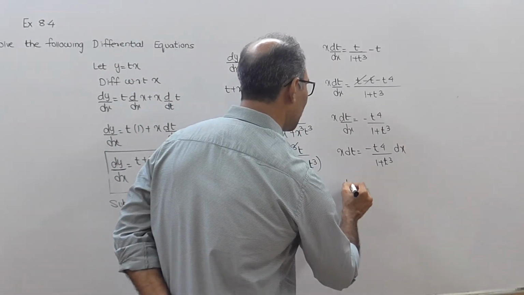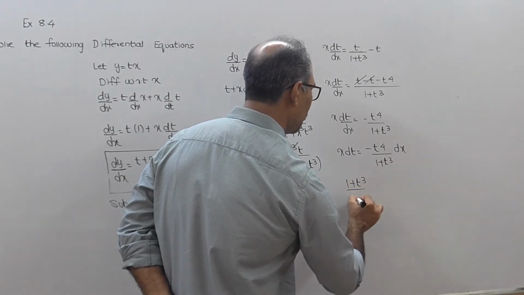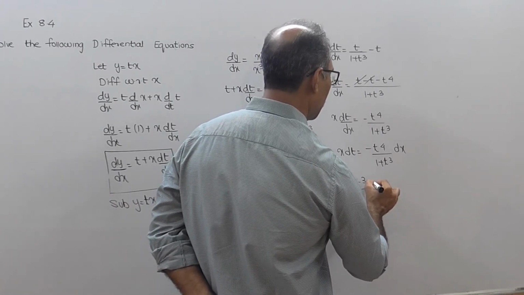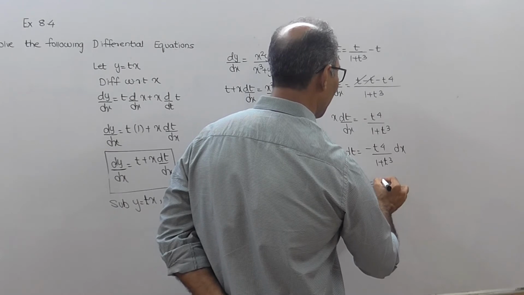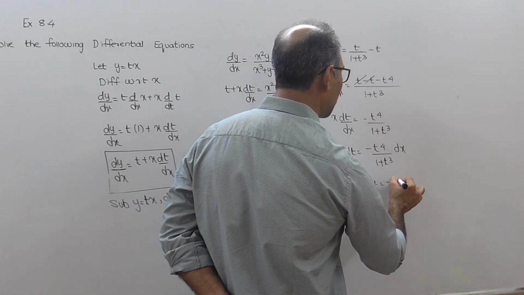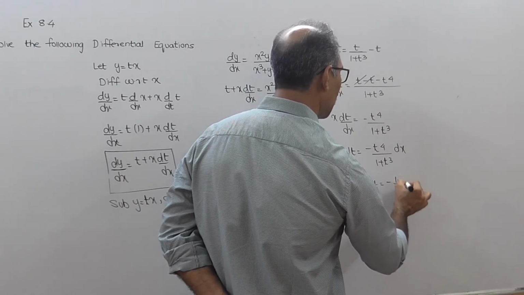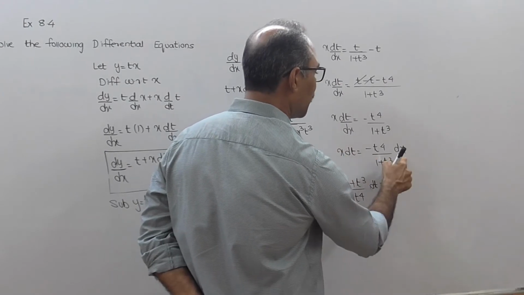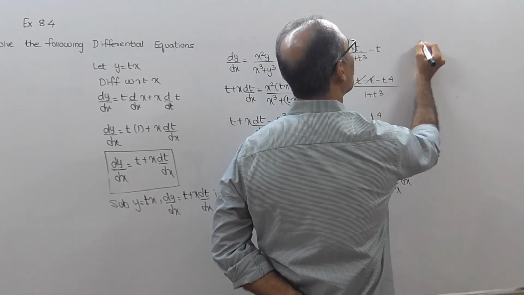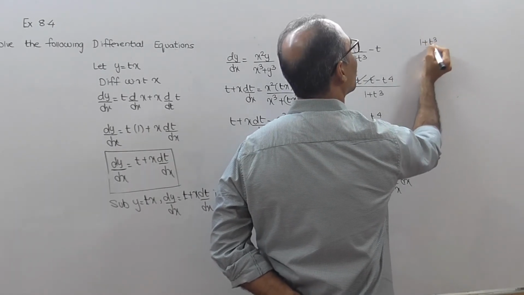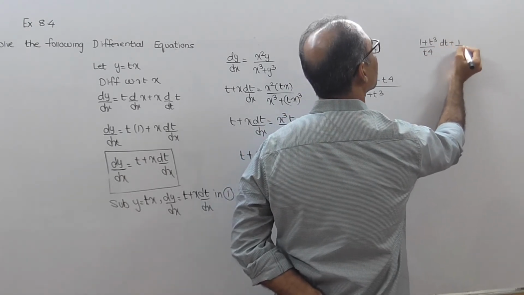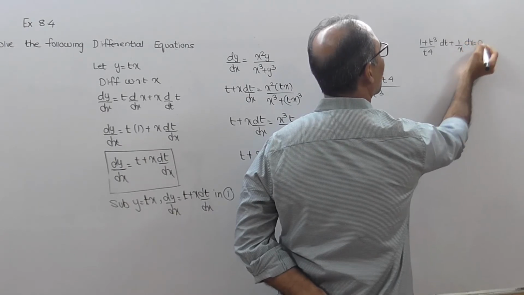So what happens is we get this as 1 plus t cube upon t raised to 4 dt equal to minus 1 upon x dx, meaning x will go with dx and t will go with dt. So once you have done the grouping, get everything to the left. 1 plus t cube upon t raised to 4 dt plus 1 upon x dx equal to 0.